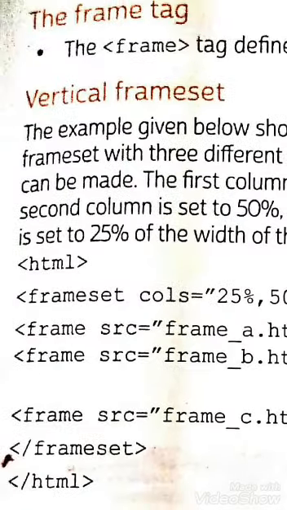The important thing is it will tell you how to divide the window, either into rows or columns, and the value of each row or column indicates the screen area that each row or column will occupy.